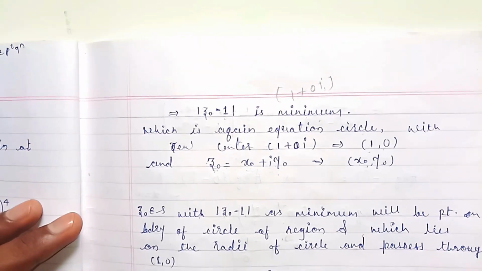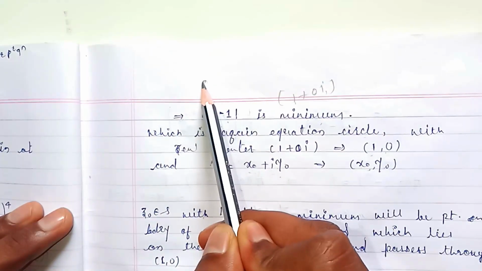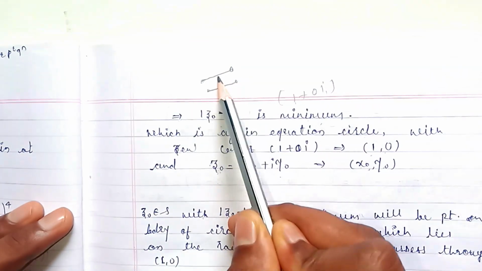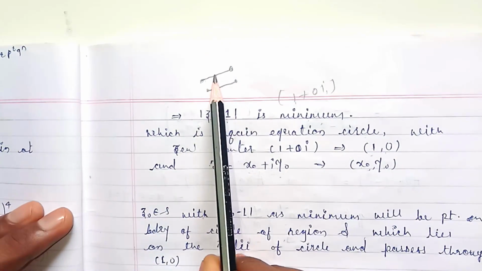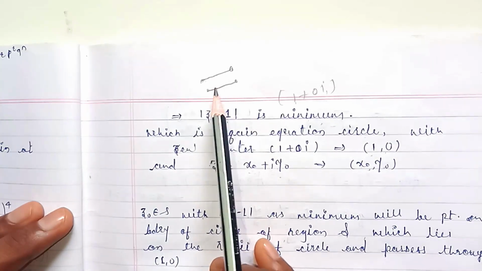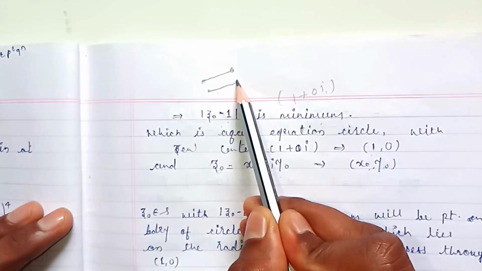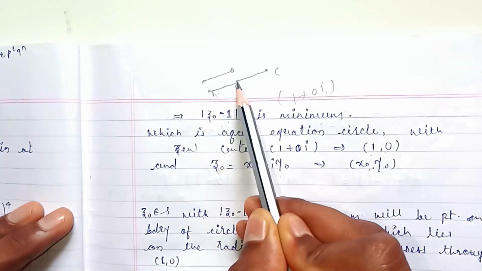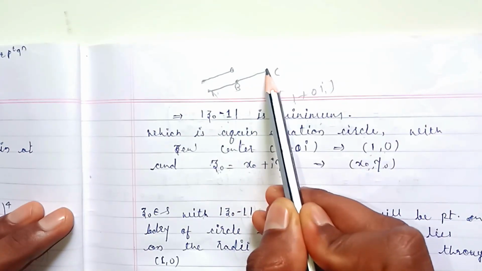What is meant by collinear points? If I consider these 2 lines which are parallel to each other, we say that these 2 lines are collinear. Or if I draw one more line here, A B C, so line AB and line BC.